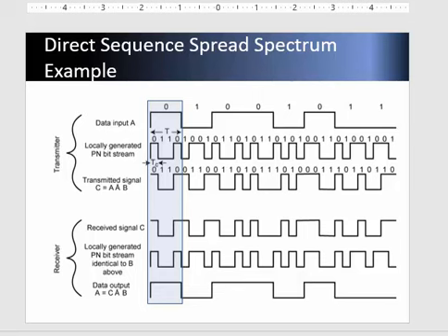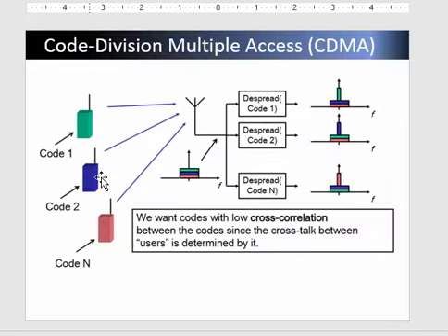The idea here is, what if we have so many senders sending data? We want to collect all of those and make one signal, which is a spread spectrum. So one spread spectrum signal is transmitted.